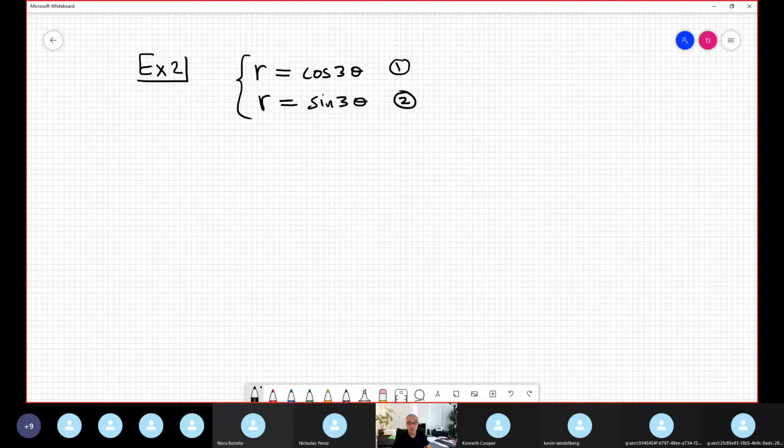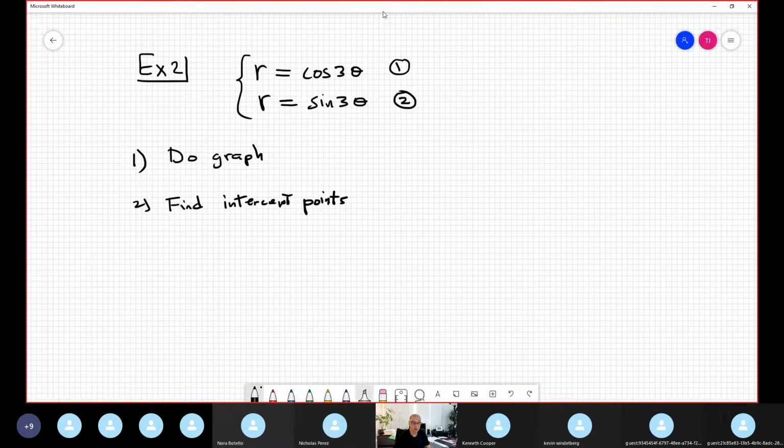The idea is do the graph of both equations. This is the first part, and the second part is find the intersect point. The point that both graphs share, right?